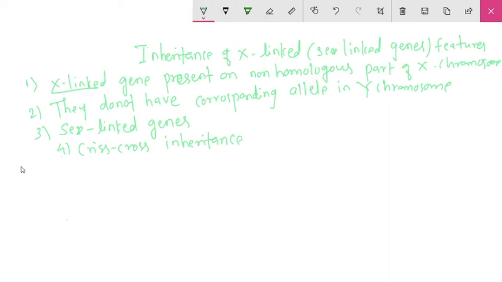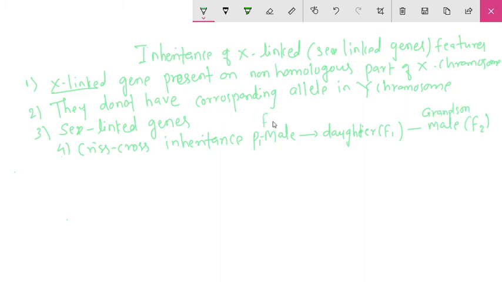These genes transfer from, suppose the P1 is a male that has a particular sex-linked gene, then it is transferred to the daughter of F1, and again to the male of F2, or we can say the grandson.